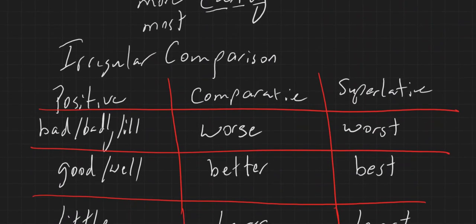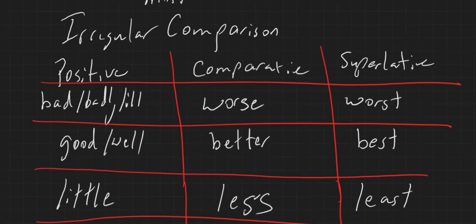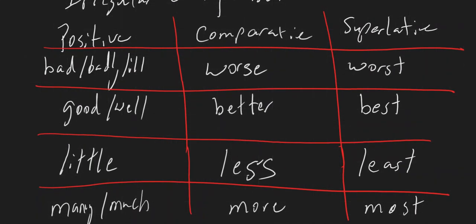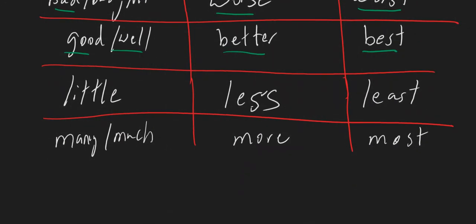And for the irregular comparison, you have the word bad, its comparative is worse and the superlative is worst. Good or well, its comparative is better and superlative is best. Little, its comparative is less and the superlative is least. And many and much, its comparative is more and its superlative is most.